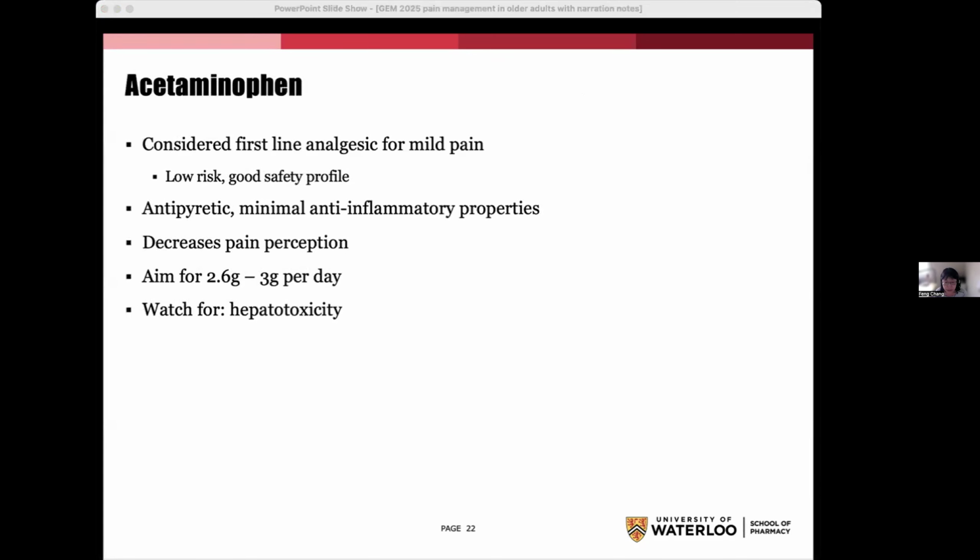So acetaminophen is often the one that's considered the first line in terms of pain management. And this is mostly because it's got a fairly, I would say, gentle side effect profile. It acts on the CNS, so it acts in the brain to decrease pain perception. It's not as effective as nonsteroidal anti-inflammatories like ibuprofen, for example.